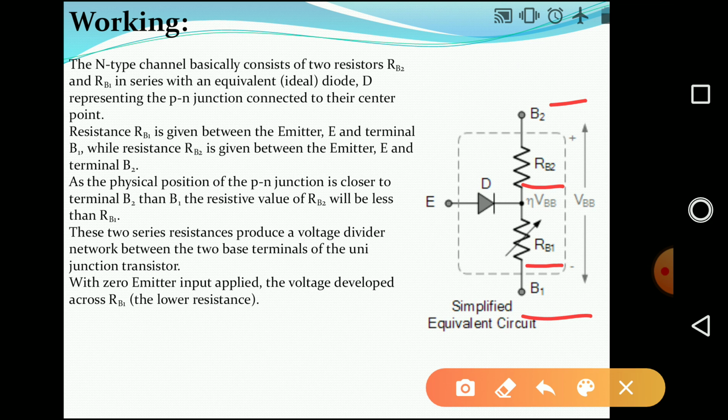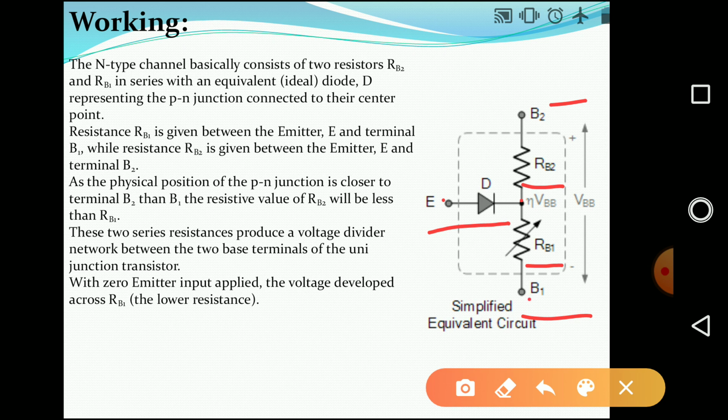In the layer diagram we already observed that the emitter is connected to the P layer, and B2 and B1 are connected to the N layer. So a PN junction is formed, and that PN junction is equivalently represented as a diode. The diode is connected between the emitter and the center point of the two resistors.